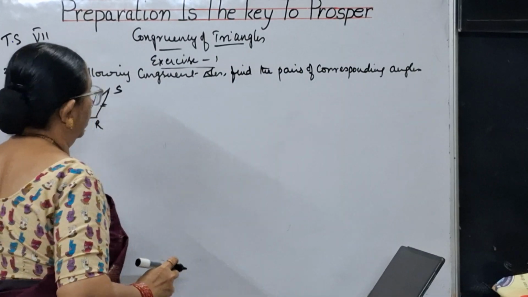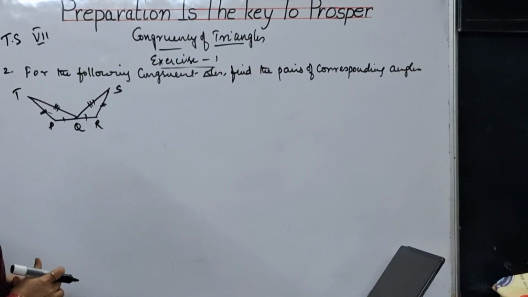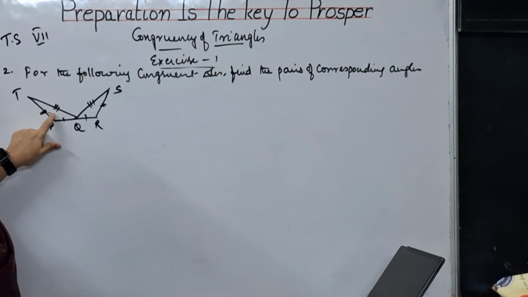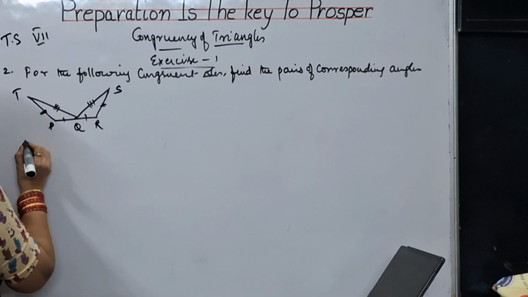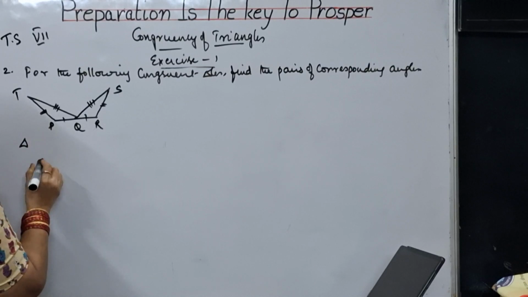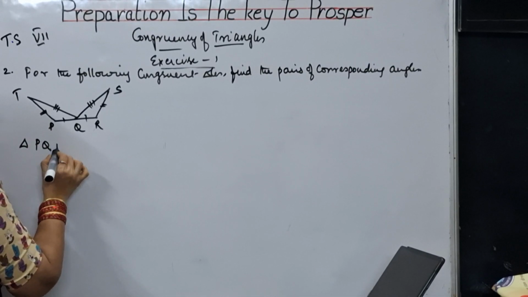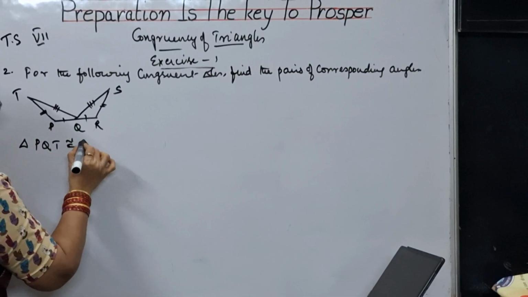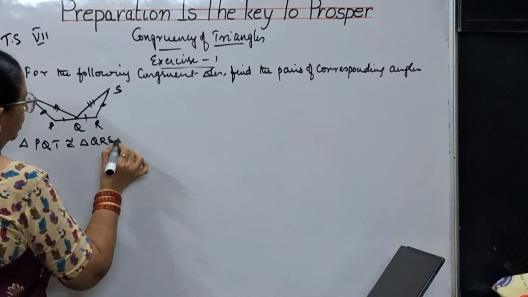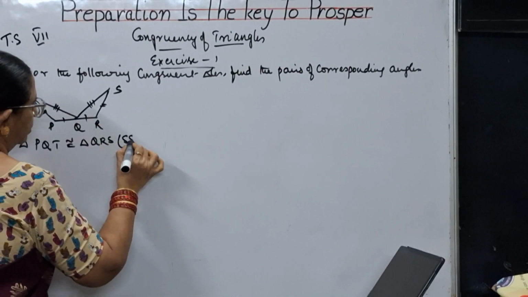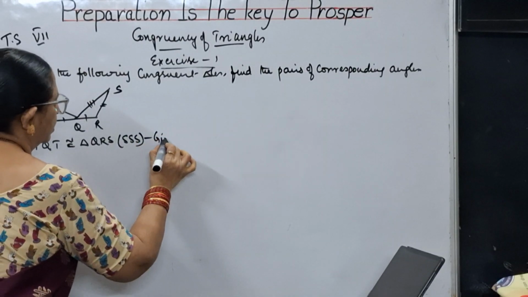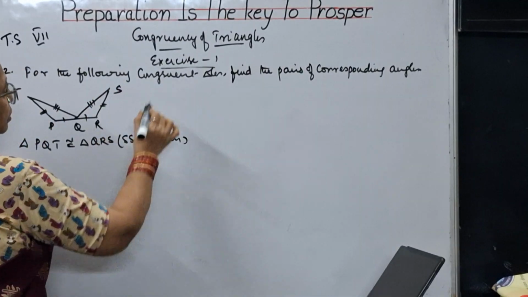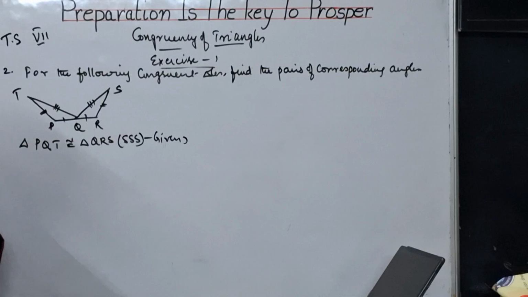These two are congruent. So, what are the congruent angles you have to write? Triangle PQT is congruent to triangle QRS basing on side property. This is already given to us. They told that they are congruent triangles.